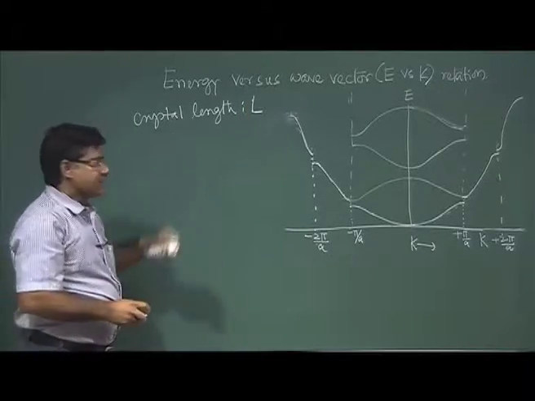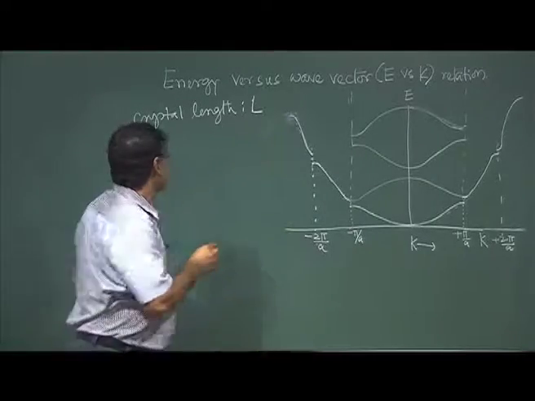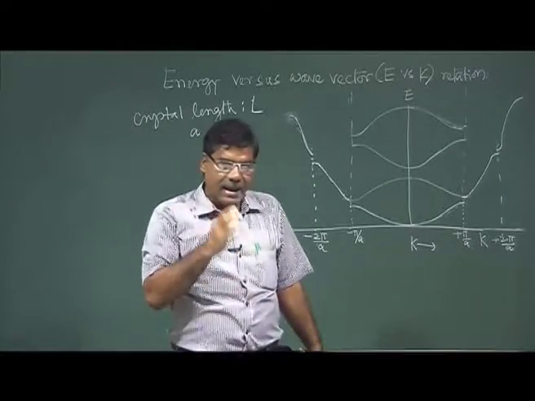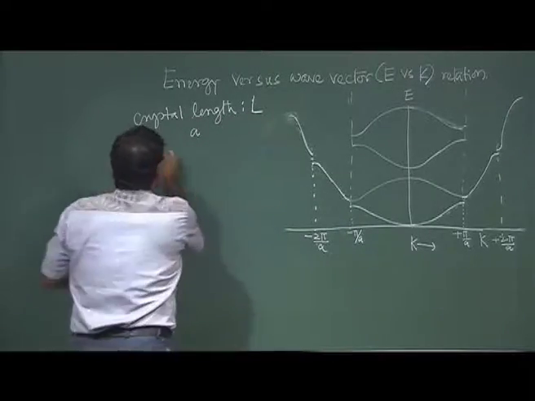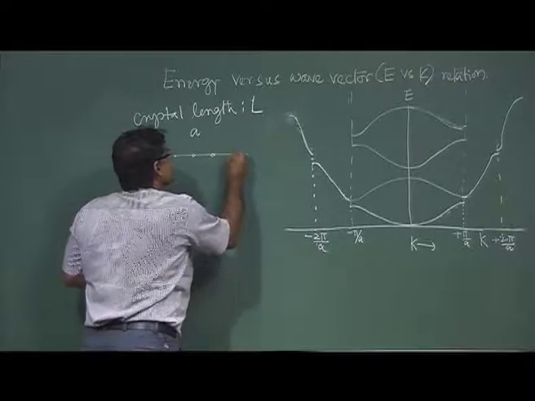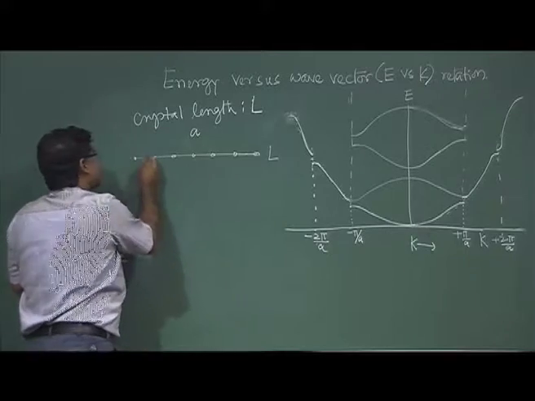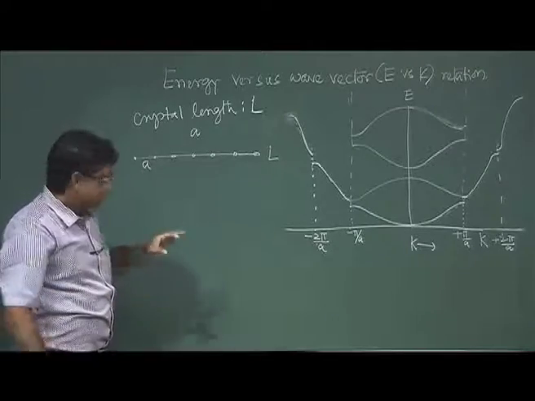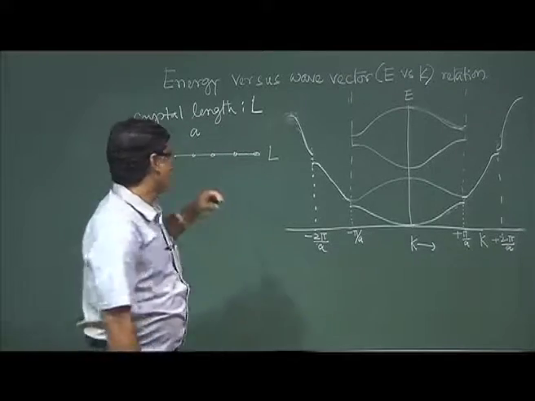Now if the periodicity, the lattice constant, is a, okay, and if n number of unit cells, n number of lattice points are arranged on this, so this length is L and the distance between two lattice points is a, okay.